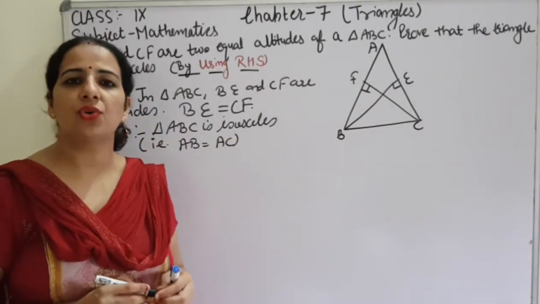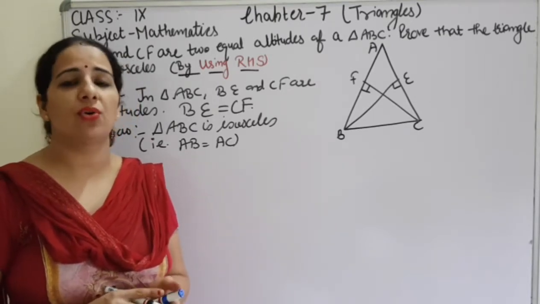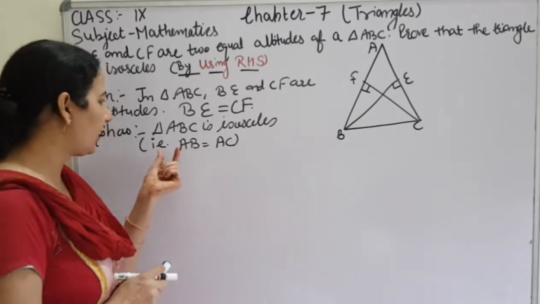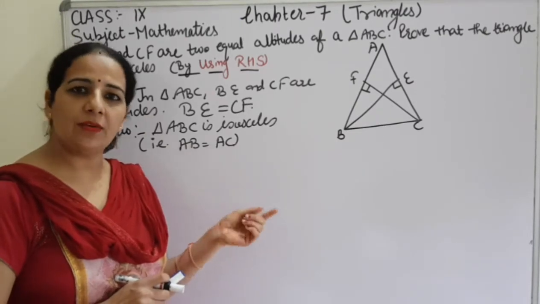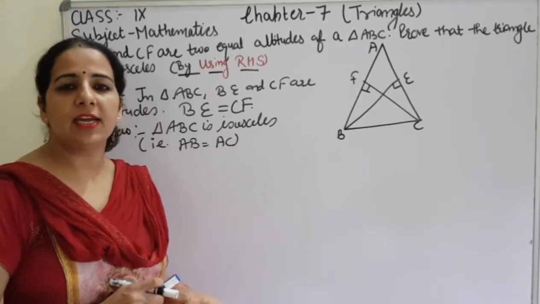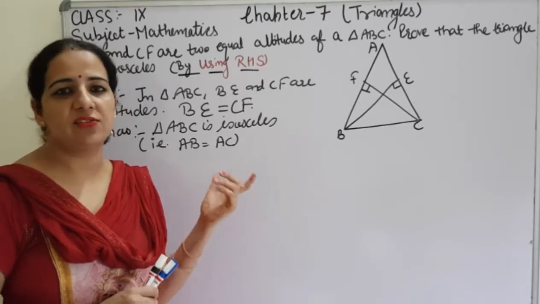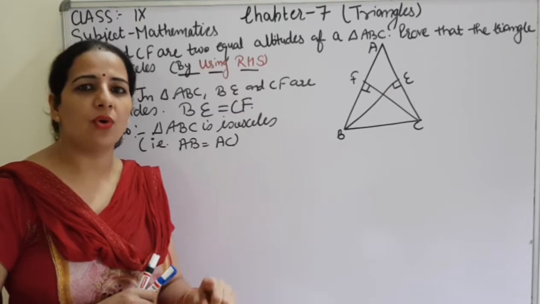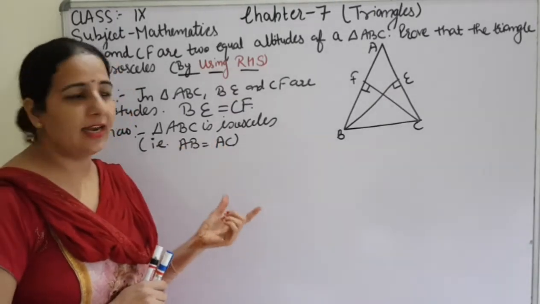Whenever you want to show that two sides or two angles are equal, it can be shown by using congruency only. First you have to show that the triangles that involve these two sides are congruent. If they are congruent, then by CPCT both the sides will be equal. CPCT means corresponding parts of congruent triangles. Fine. So here we can use any criteria.